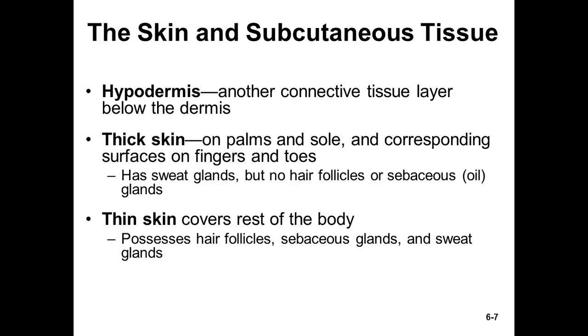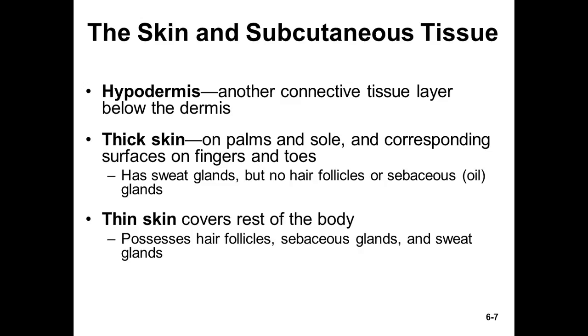Know the difference between your thick skin and your thin skin, and the locations on the body where you will find each one. Your thick skin, the relative thickness of your skin, is due to that dead layer of the stratum corneum, which is your top layer, or the more superficial layer of the epidermis. So you have it in the palms of your hands, your fingers, your toes, and of course the soles of your feet.